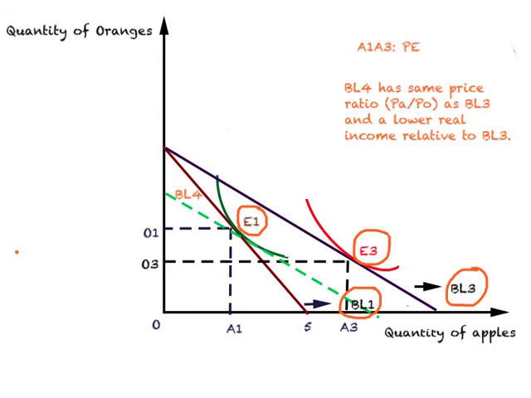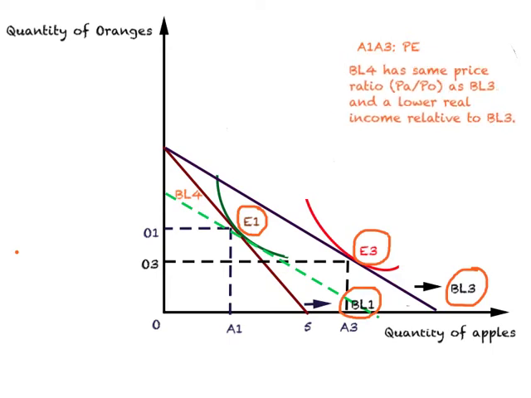And then you look at the relationship between BL1 and BL4, and what you find is the following: BL4 has a lower price ratio and the same real income as BL1.